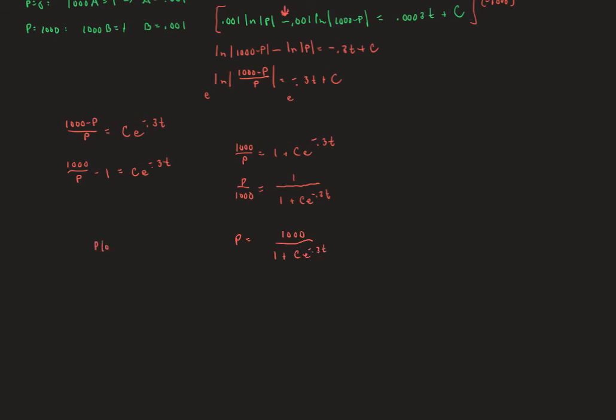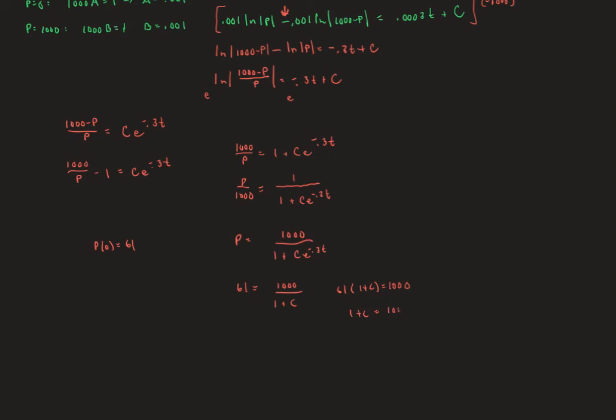Now we can use our initial condition that p of 0 is 61. So 61 is going to be 1,000 over 1 plus c, and then e to the 0 is just 1, so it's going to be just that 1 plus c. So we can multiply that 1 plus c to the other side, and we can divide by that 61.